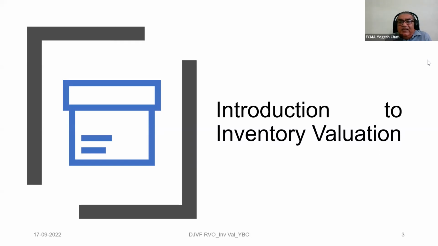So fair value principles will be different. That will be totally different from the cost price and the net realizable price. So what are the differences, that we will try to find out in the next 120 minutes or so.